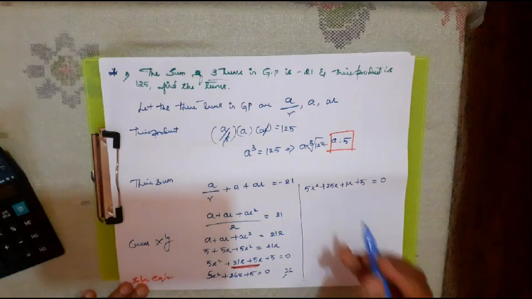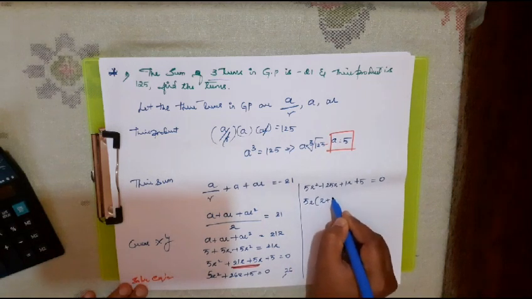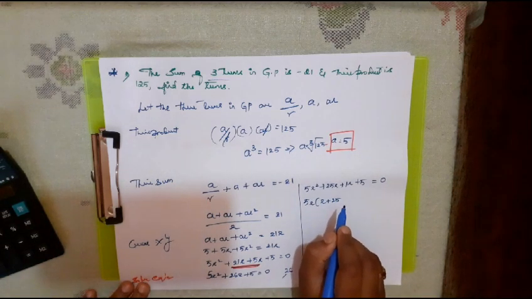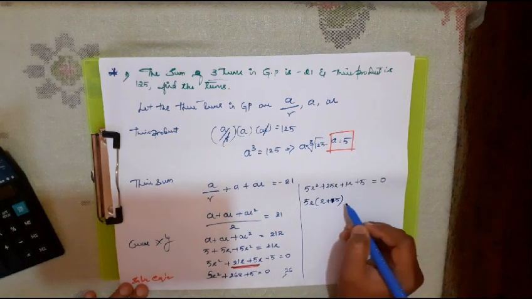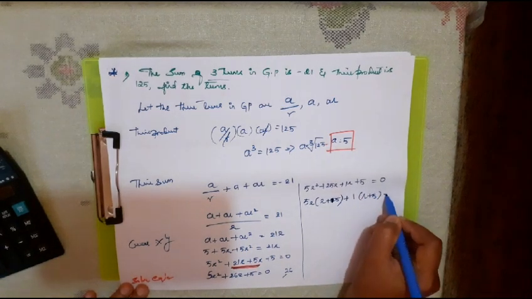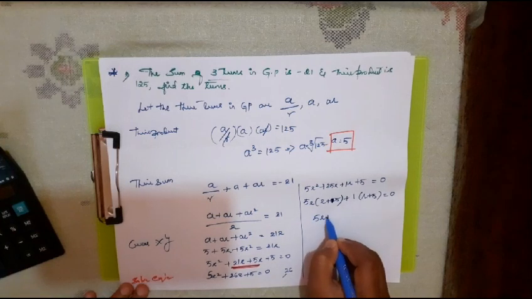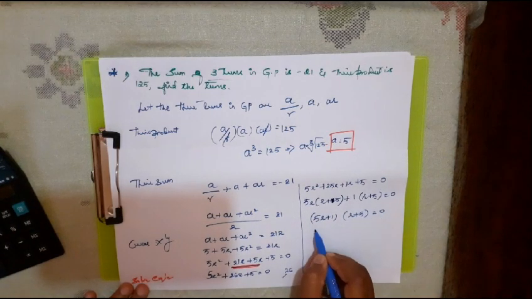See, 5R I am taking out, you are getting R plus 5, plus 1 into R plus 5 is equal to 0. So 5R plus 1 into R plus 5 is equal to 0.